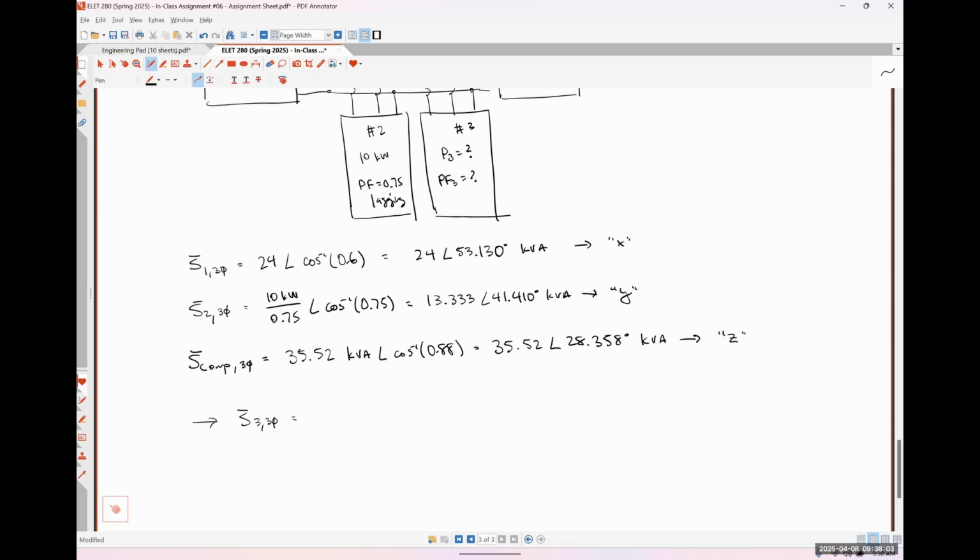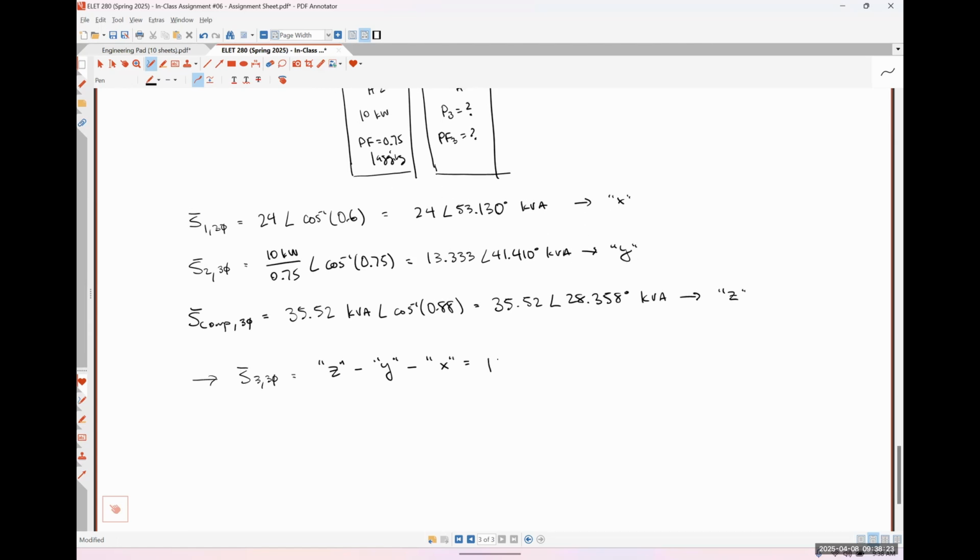So Z minus Y minus X, 100%. And I got 13.088 with an angle of -58.403 degrees kilovolt amperes, and I'm storing this as T for what it's worth.